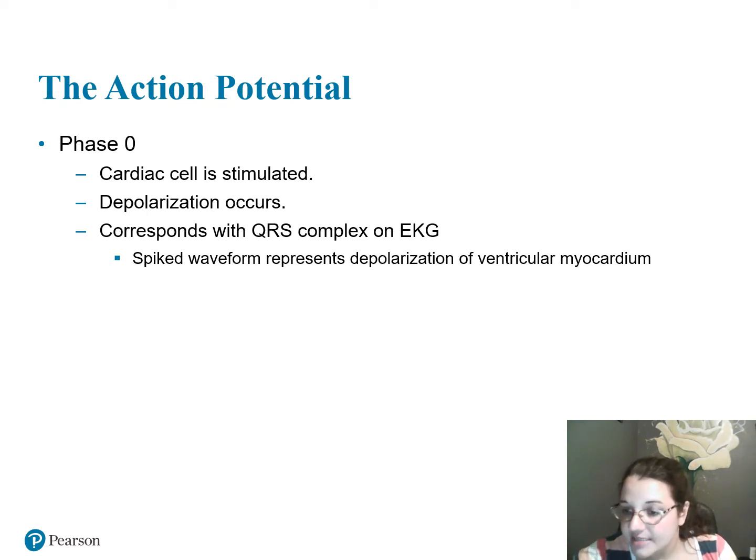What is depolarization? Contraction. This corresponds with a QRS complex on an EKG. The spiked waveform represents depolarization of ventricular myocardium. So that spike that you see on an EKG rhythm is going to represent depolarization.